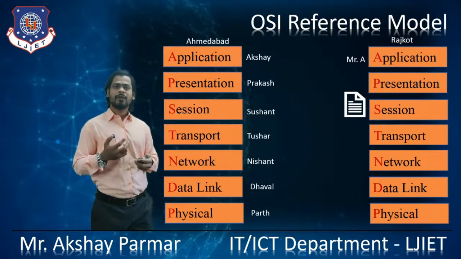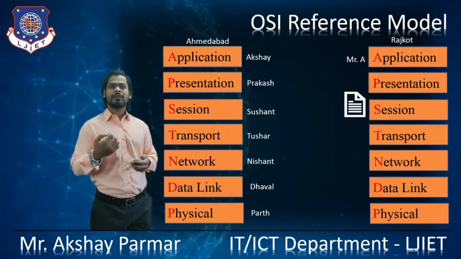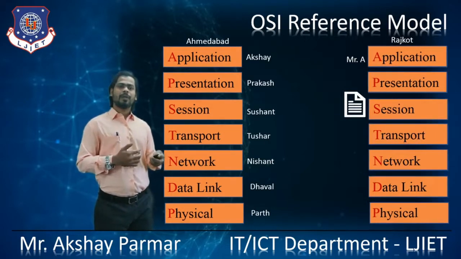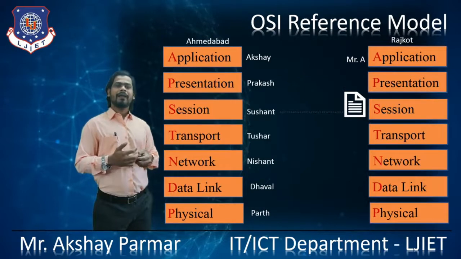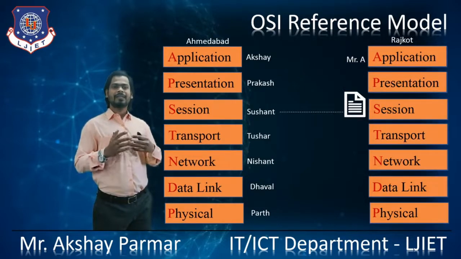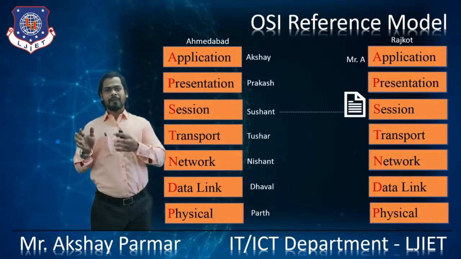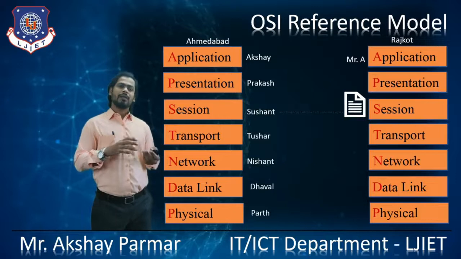Mr. S will observe that this is the data for which Mr. Sushant has asked about our company's timing and all that. So Mr. S will call Mr. Sushant and acknowledge that they have received the data sent by them, right? So this is how the data from Ahmedabad to Rajkot is delivered, right?